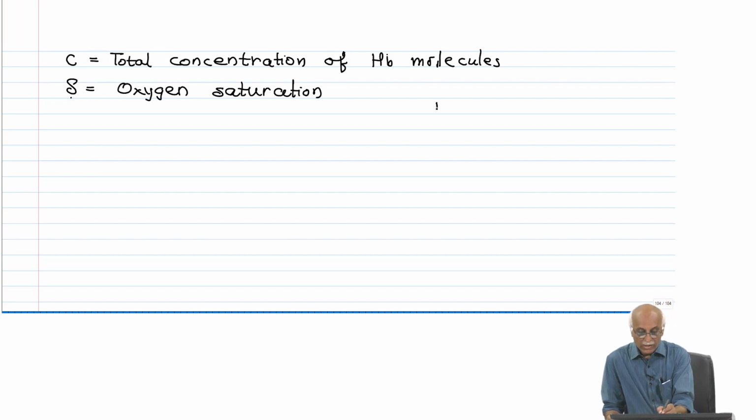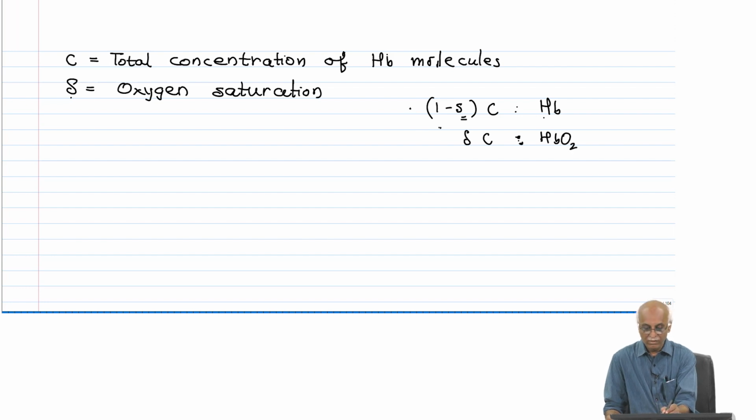So (1 minus S) into C will be the reduced hemoglobin concentration overall, and if S is 1, reduced hemoglobin will be 0, and the corresponding oxyhemoglobin is directly S into C.